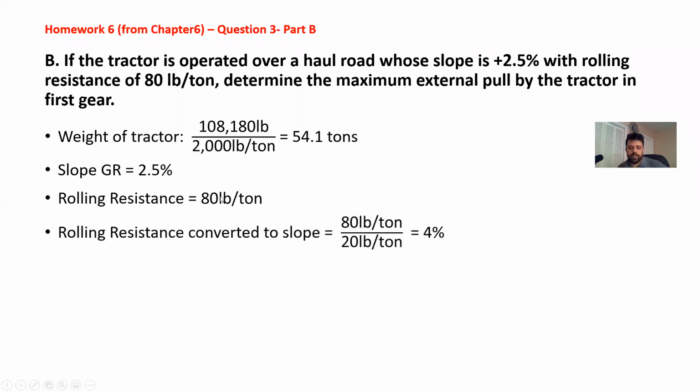We first find the rolling resistance and convert it into the slope. That would be equivalent to 4% slope. Now, 4 is the rolling resistance converted into the gradient, and 2.5 was the grade resistance. So the total resistance is 6.5%.